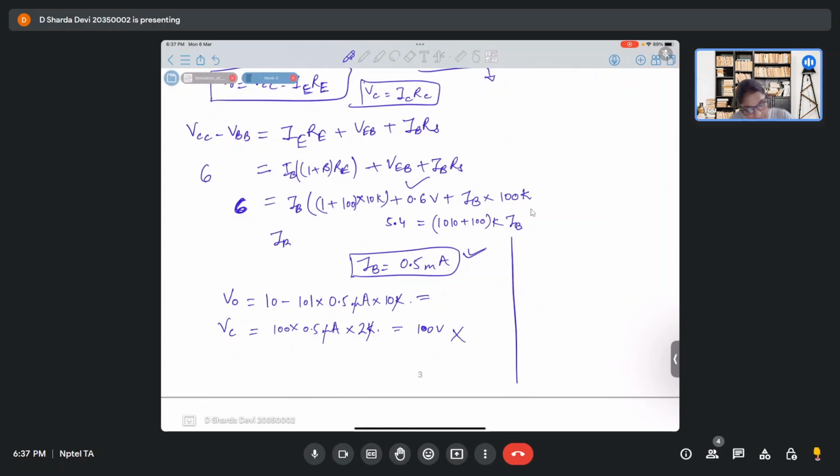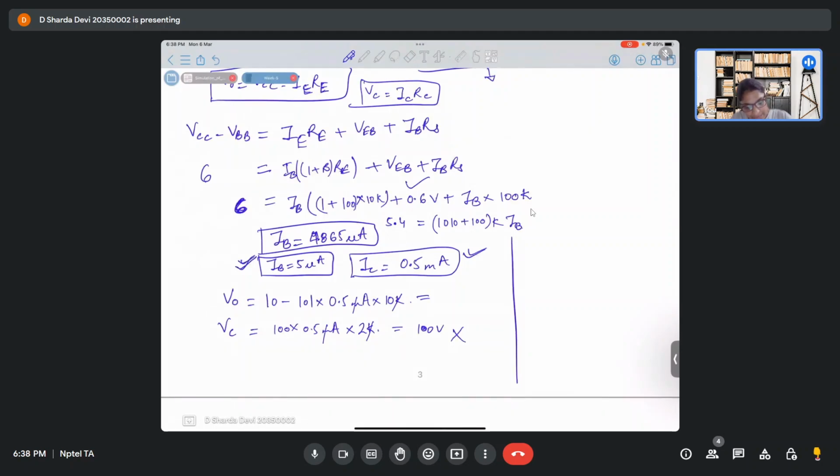Wait. How much was the IB that you were getting? It was 4.865 microamps. This is actually correct. IB is close to 5 microamperes, and it is IC which is 0.5 milliamperes. Makes sense.